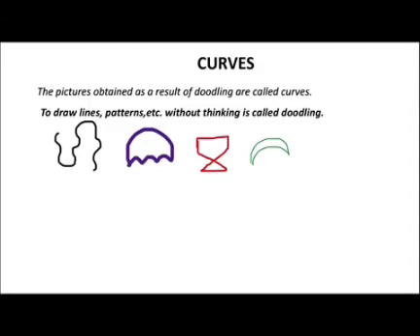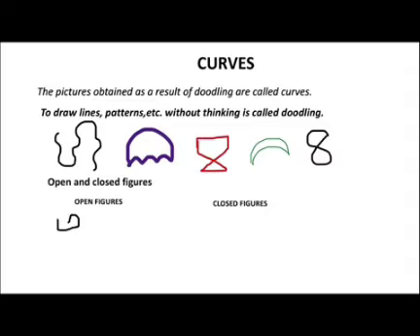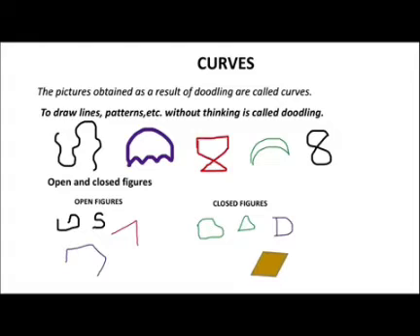We have started the pattern, but we have not come back to the same position where we started. Such figures are called open figures. So let's see some designs of open figures. You can even start drawing in your books whatever you feel like drawing. Draw about 4 open figures and let's say 4 closed figures.